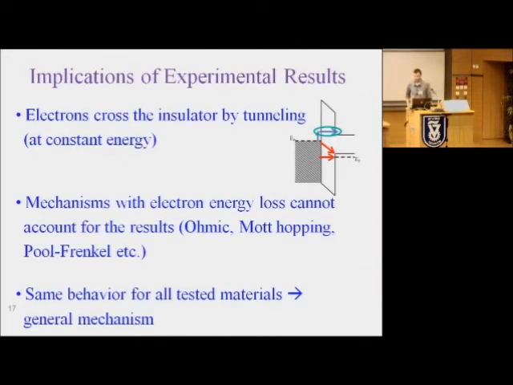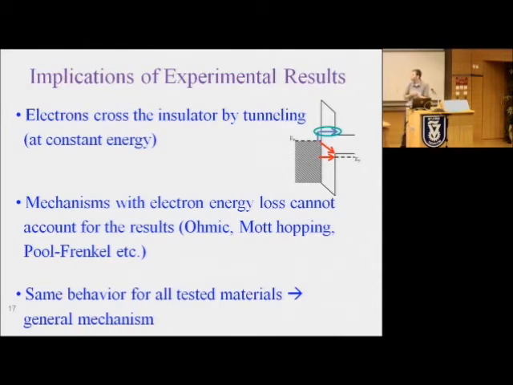So what we can learn from these results, the most important thing for the conduction mechanism, is that from the description I've just told you, it looks like the electrons cross the insulator at constant energy. And I'm saying here tunneling, but I'll discuss this tunneling later because this cannot be tunneling through the entire film.